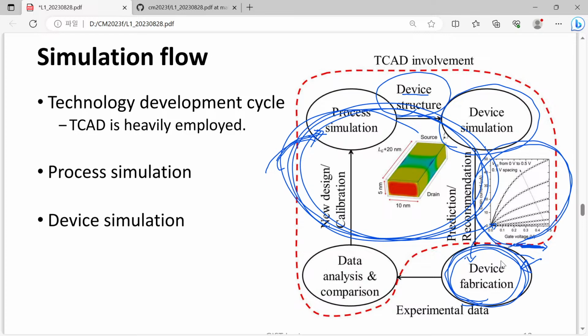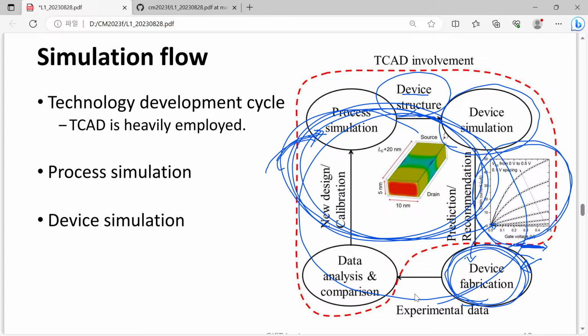Then the loop becomes more complete, and these loops run forever until we have a well developed technology. So this is quite a routine procedure in our technology development.